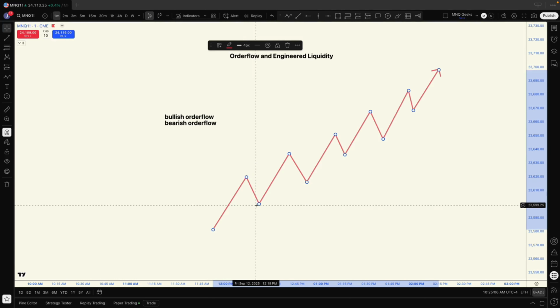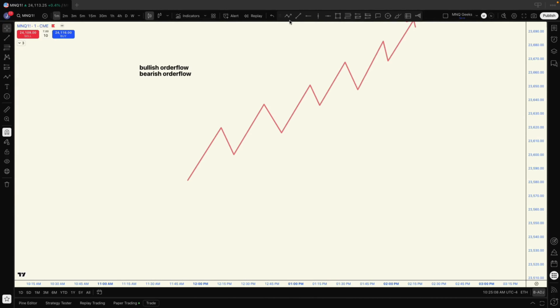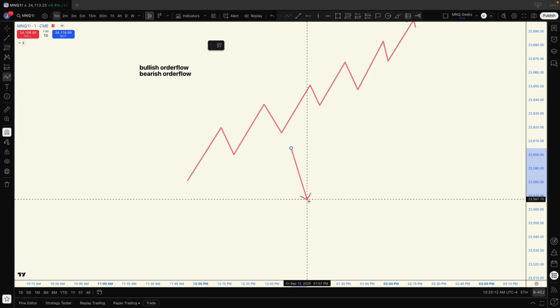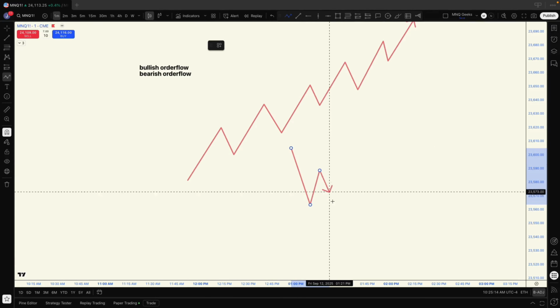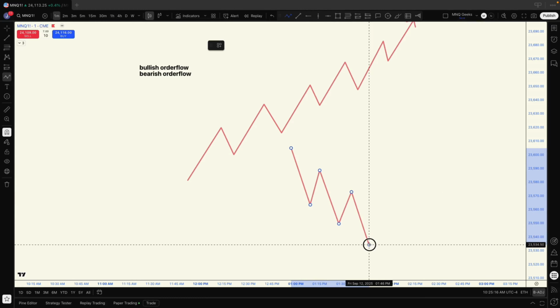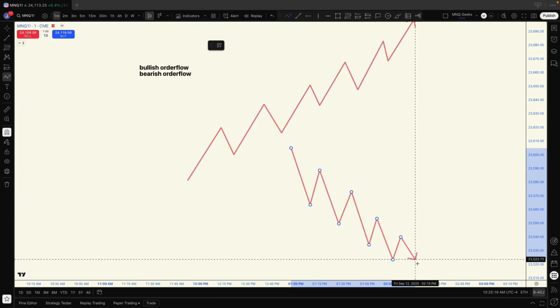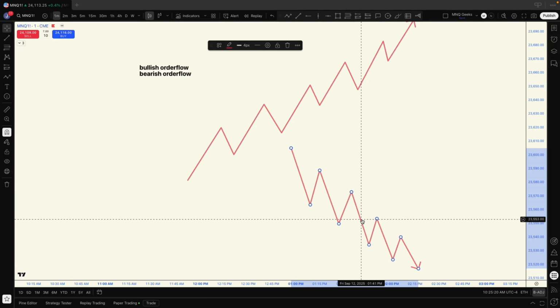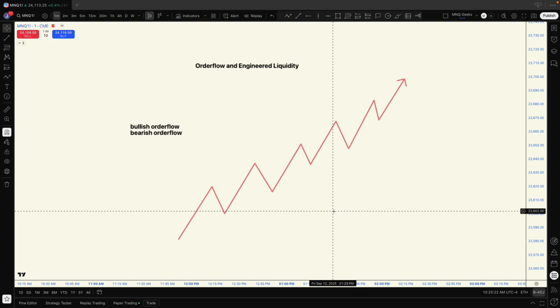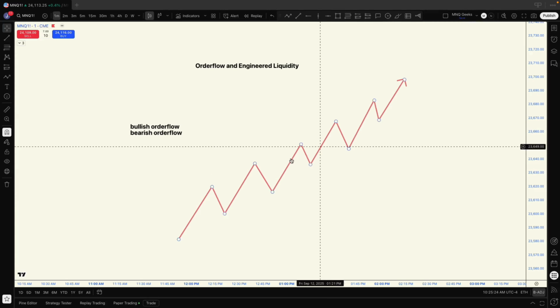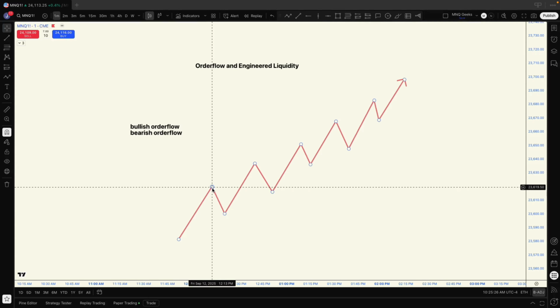But there's going to be higher highs and higher lows. And obviously, in the opposite direction, with bearish order flow, we're going to make lower lows and lower highs. Super simple. Super basic, guys.